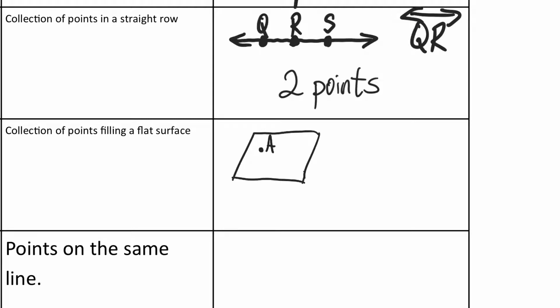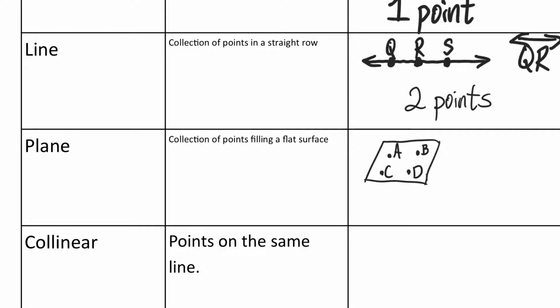Okay, so what I'm going to do is I'm going to put point A, point B, point C, and point D. Okay, so what a plane is, it's a collection of points filling a flat surface.